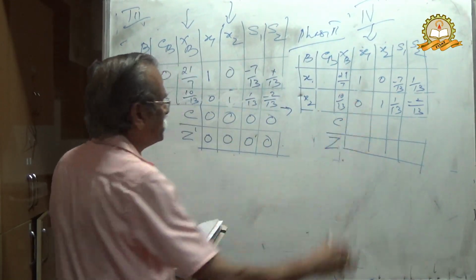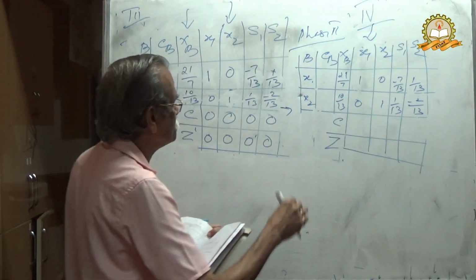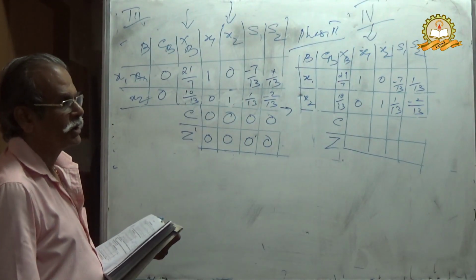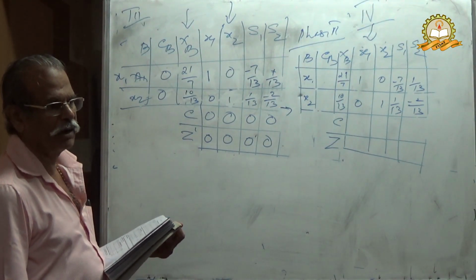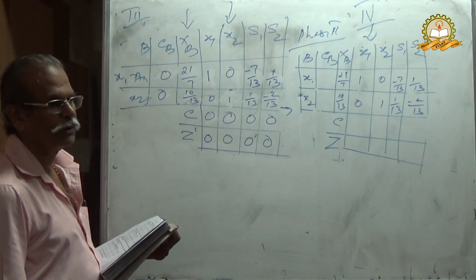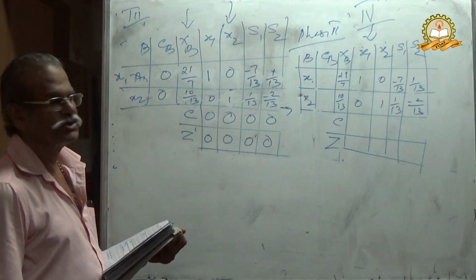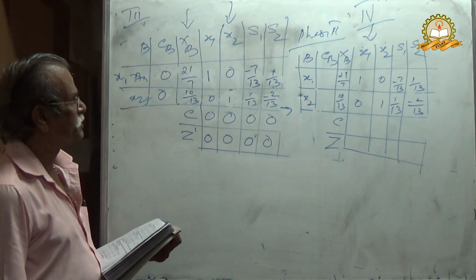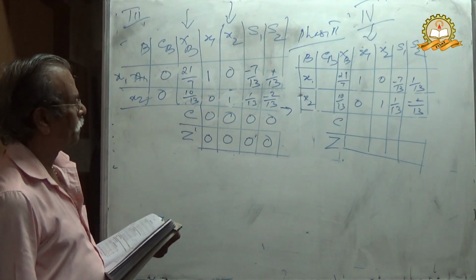This is repeated there. CB column, C row, and Z row are not filled.